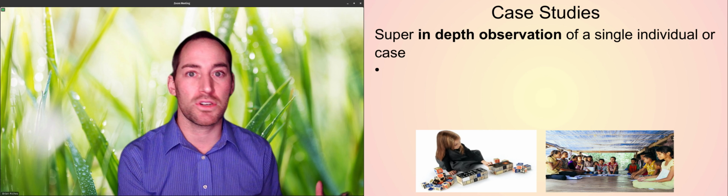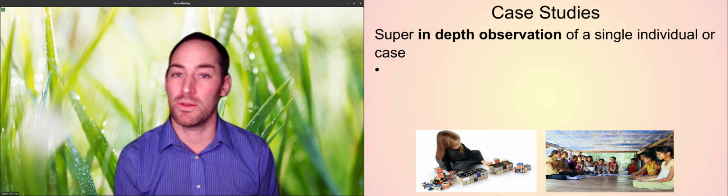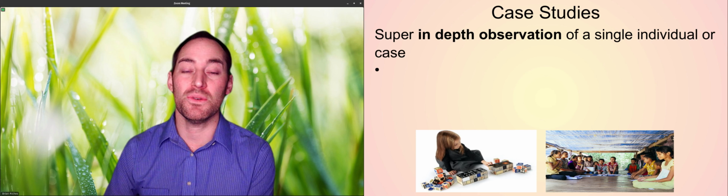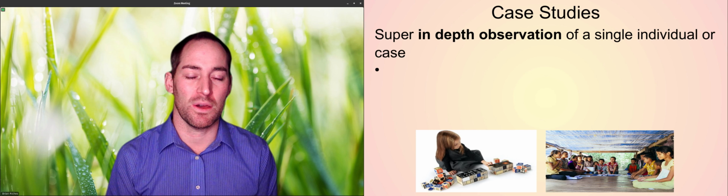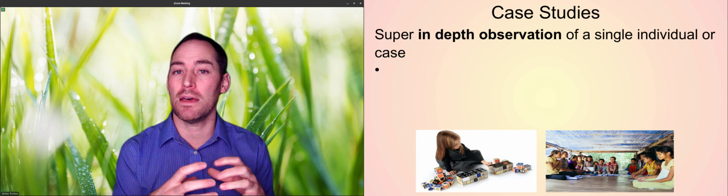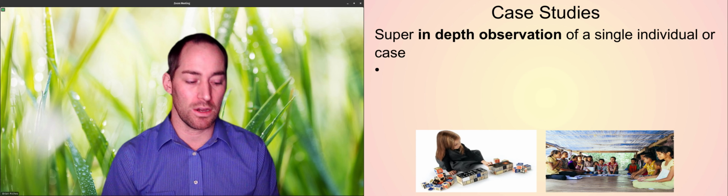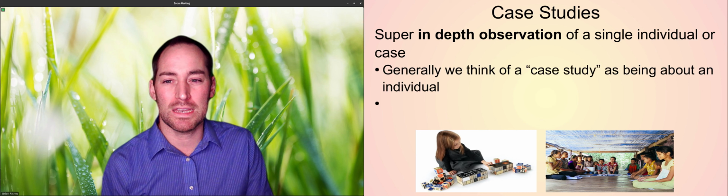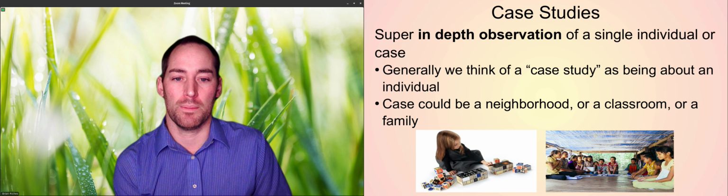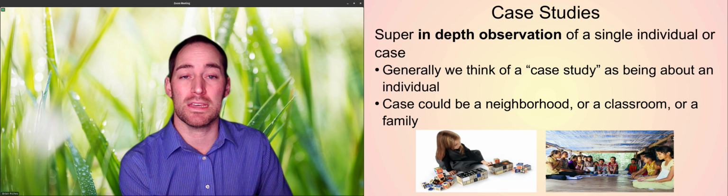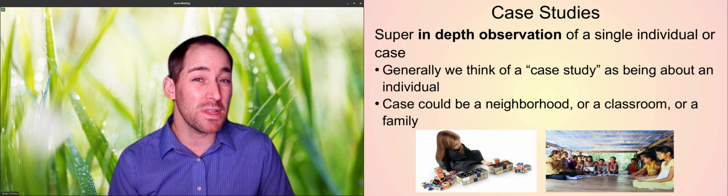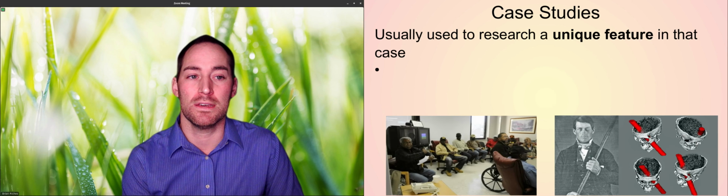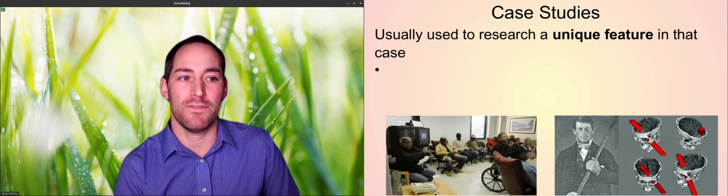How do they structure their group now? How do they choose what to do for their next meeting? It's a good example of a bounded system, but not just one individual, it is a group. A neighborhood could be an example of a case, a classroom, a family, possibly even a school district. It's around some unique feature.